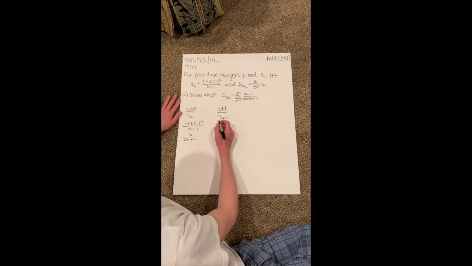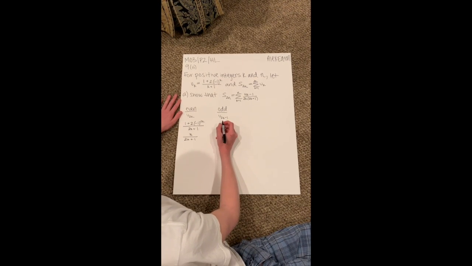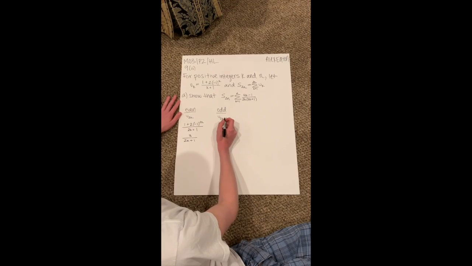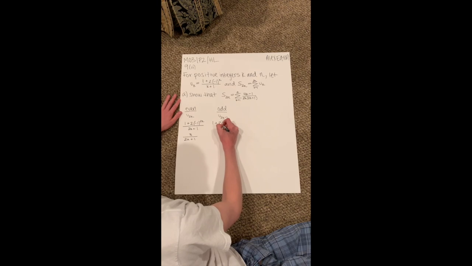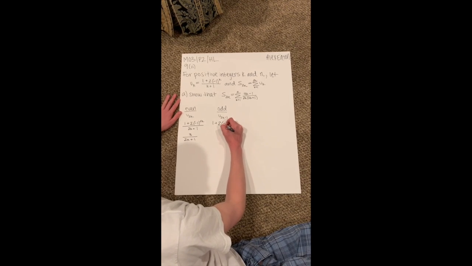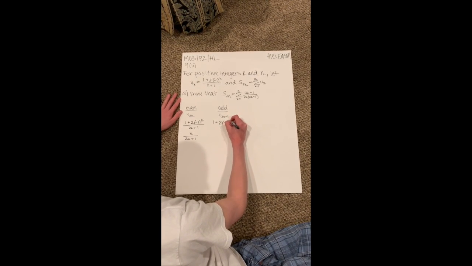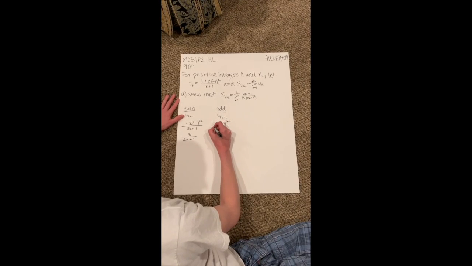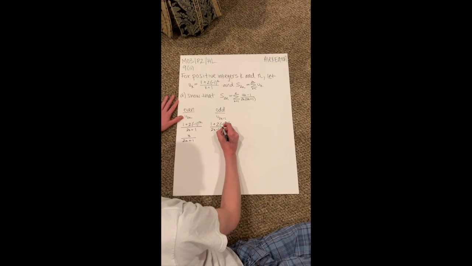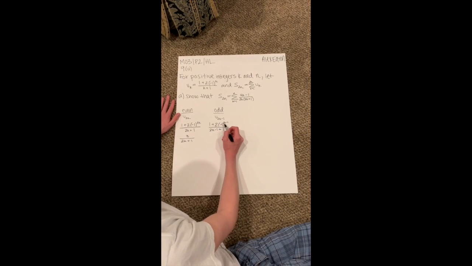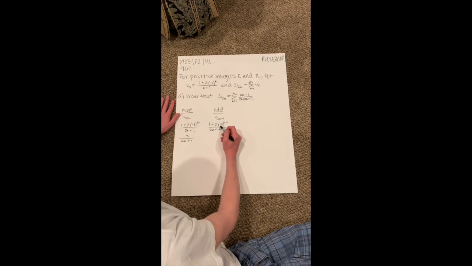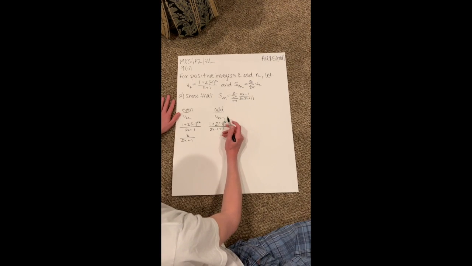For the series u sub 2k minus 1, we're going to substitute 2k minus 1 for all values of k. So 1 plus 2 times negative 1 to the 2k minus 1 over 2k minus 1 plus 1. Because 2k minus 1 gives us an odd number every time, negative 1 is going to remain negative in all cases.